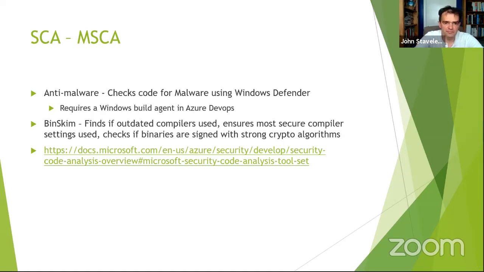Finally, there's BinSkim. It finds if outdated compiler settings are used and that the most secure compiler settings have been used, and also checks if the binary has been strongly signed. So this is really sort of deep security. I found that there's issues with this in that if there is a problem, it will just fail your build.